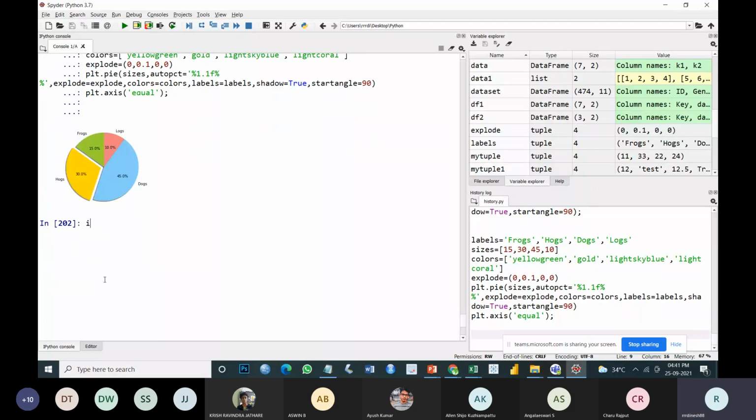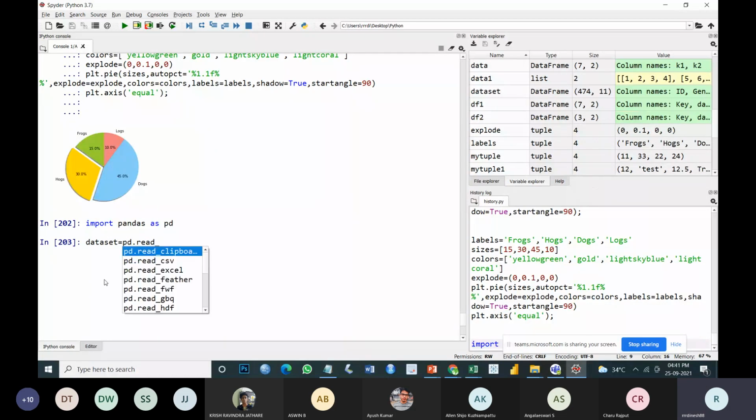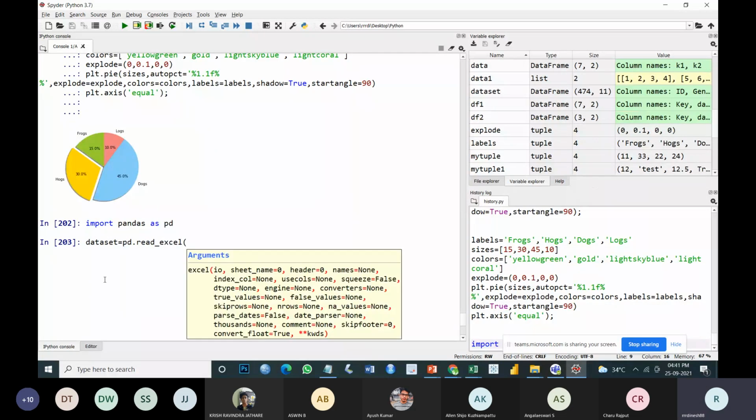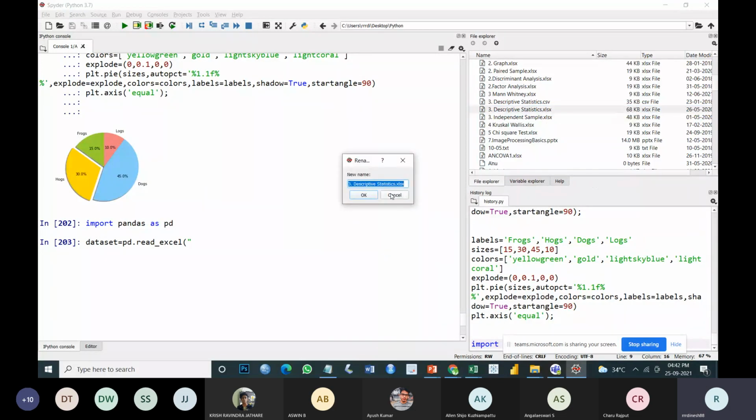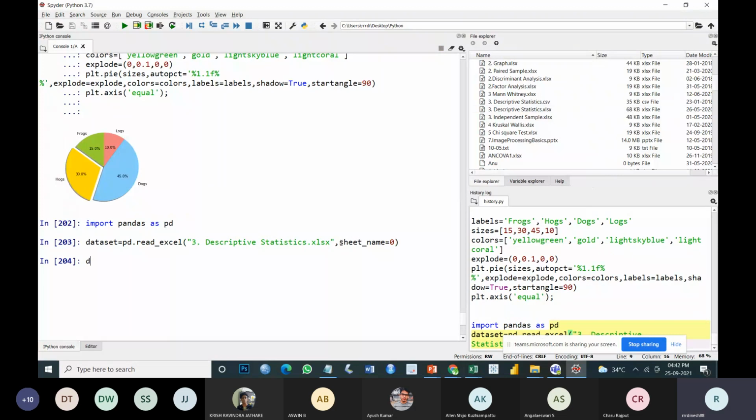If you want to perform on large data, let me import the pandas package: import pandas as pd, then dataset equal to pd.read_excel with the file name. Here the file name is descriptive statistics. Let me copy that file and paste it here. Sheet name is 0, the first sheet. Dataset.columns.